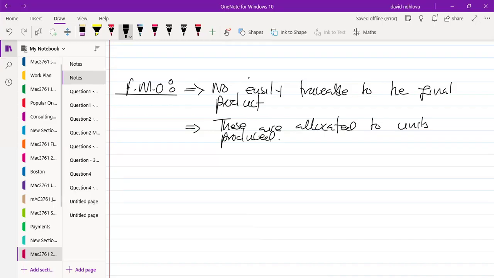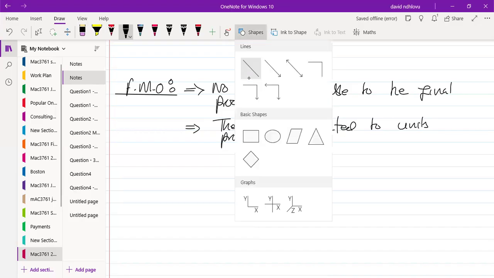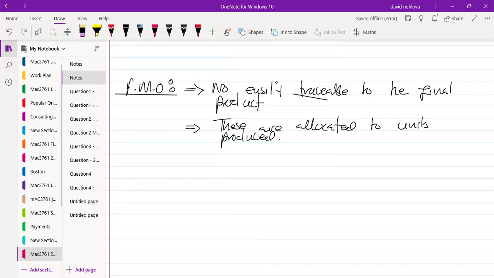But the fixed manufacturing overheads are not easily traceable to the final product. These things are usually shared costs. For example, a rent expense, where we have a number of products being produced. If you have three products that you are producing under the same premises, then it's a shared cost between those three products.